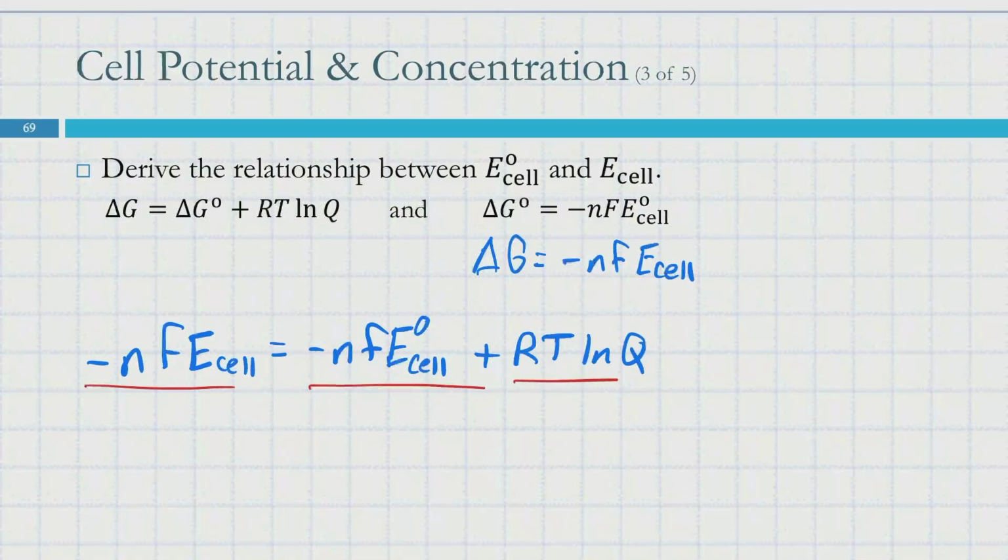And we divide everything by negative nF. You don't need to know how to do this, so you can just sit back and enjoy, or be in mental pain, whichever one you want.